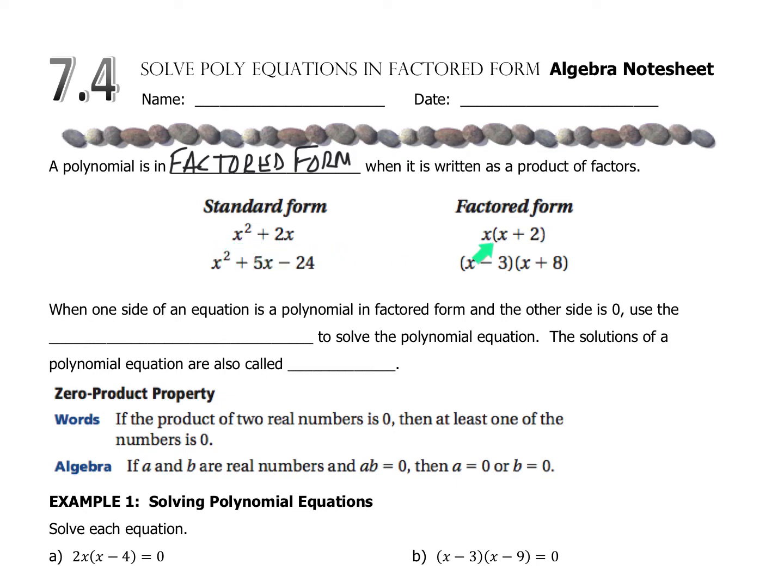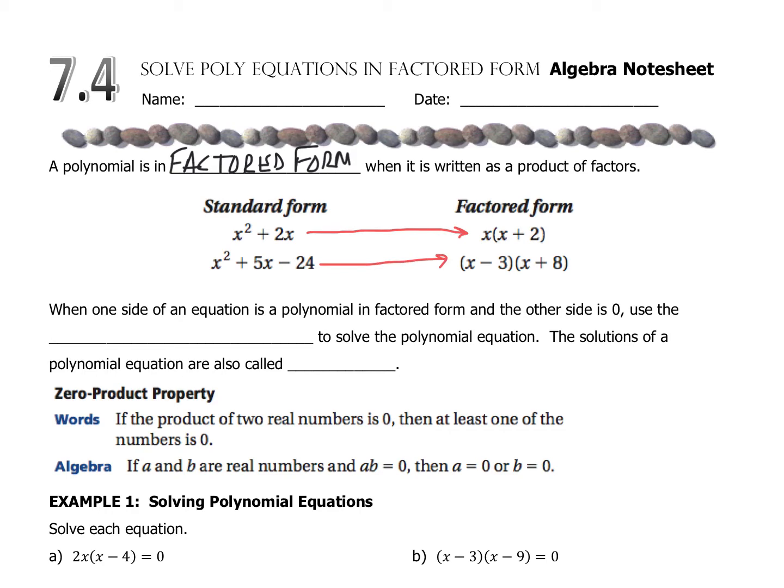This would be the same thing here, but in factored form. Here we have a trinomial, and this would be the factored form of it. So we'll be talking about that, but these are the differences of factored versus standard. That standard form turns into that factored form.